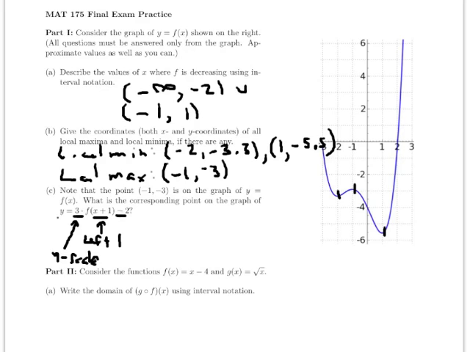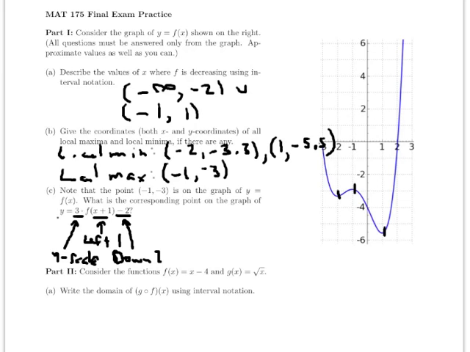And then finally, the last operation is this -2, but again that's happening to the outputs outside the parentheses, outside of the f notation. So the outputs, remember the y coordinate, so the subtract 2 is shifting the graph down 2. So that's a change of -2 in the y coordinate.